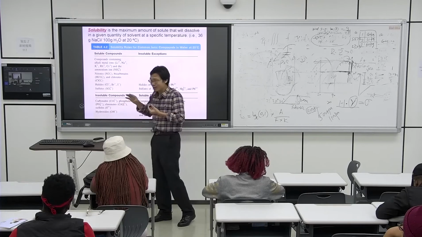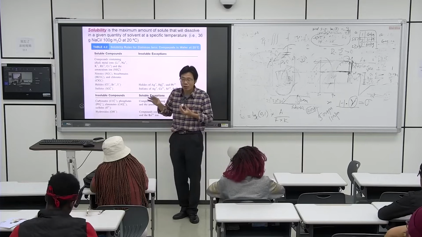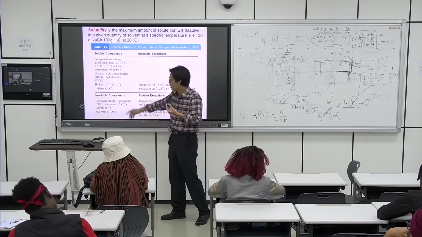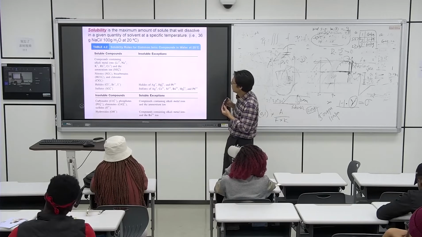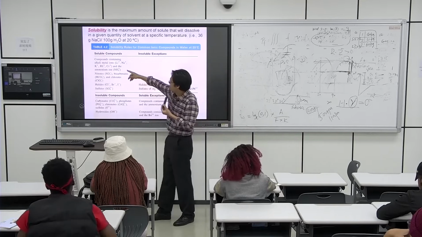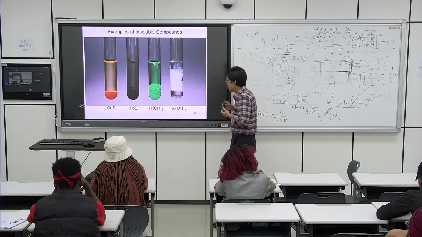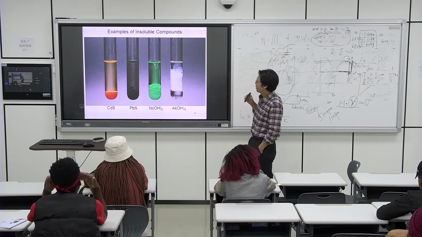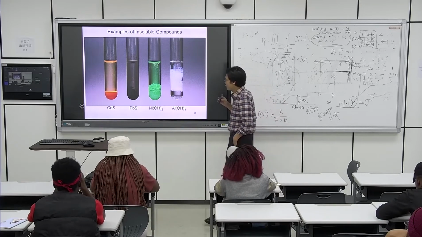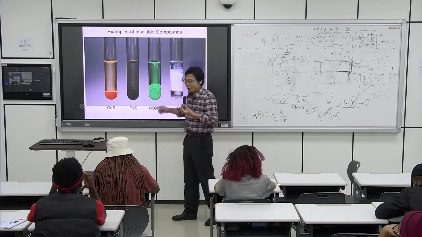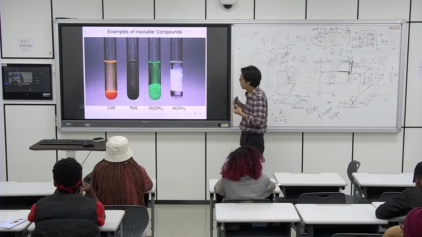Insoluble doesn't mean zero, it's still very few. And of course, for soluble compounds, the solubility is very high. These pictures show some examples of insoluble compounds. After the reaction, we can see the solid product, so this kind of reaction is also called a precipitation reaction.